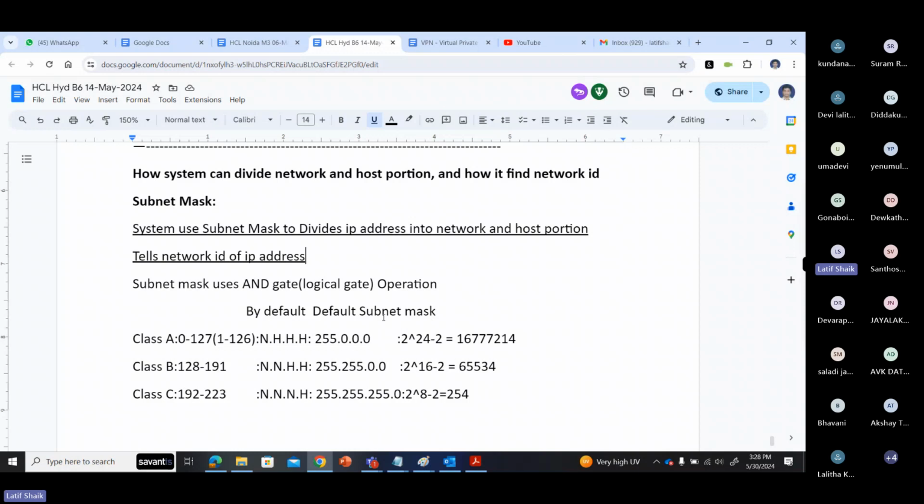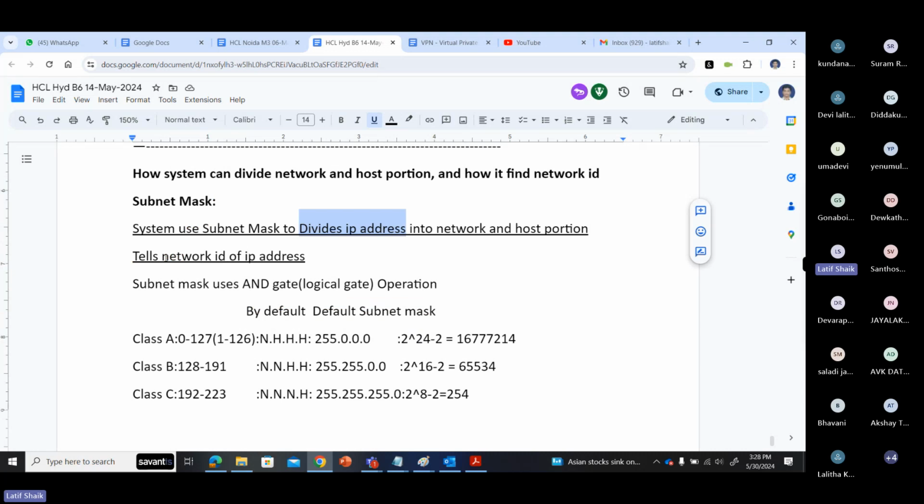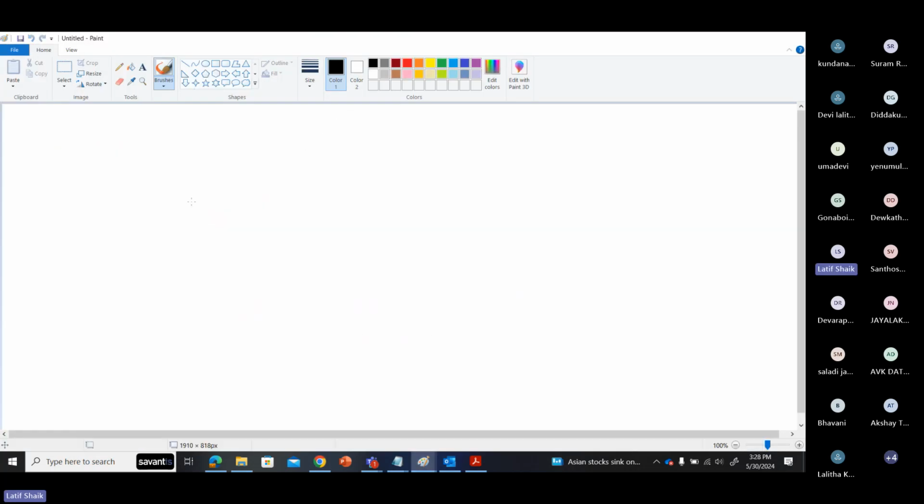With the help of the subnet mask, the system can divide an IP address into network portion and host portion, and it will find the network ID of that IP address. When two systems are communicating with each other, if both devices' network IDs are the same, meaning their network portions are the same, they will communicate with each other.